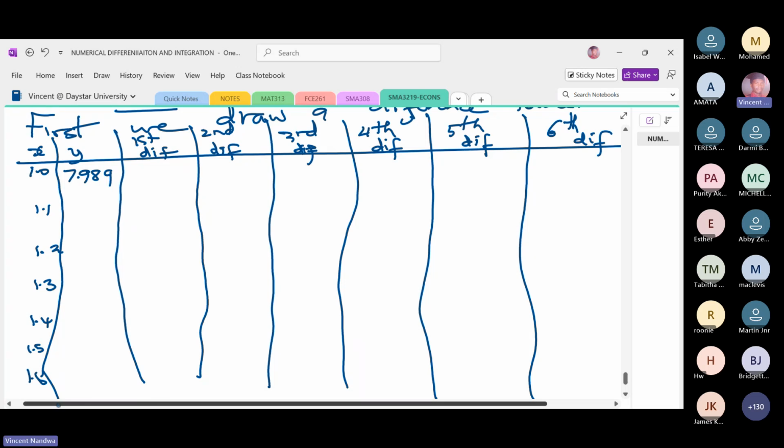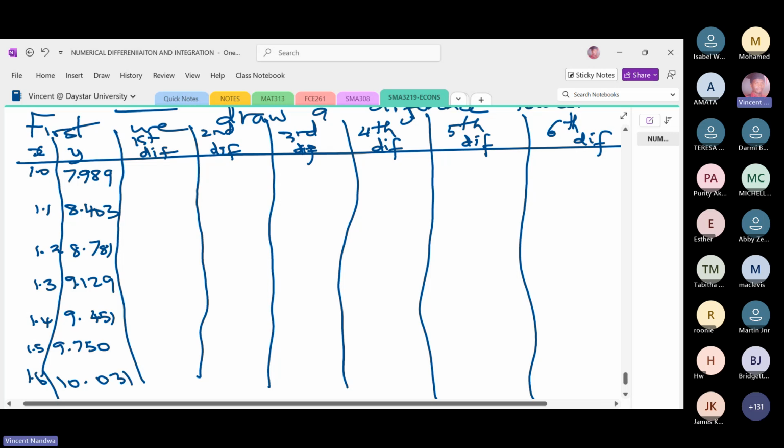So under 1.1, the y value is 8.403. 1.2 is 8.781. 1.3 is 9.129. 1.4 is 9.451. 1.5 is 9.750. 1.6 is 10.031.